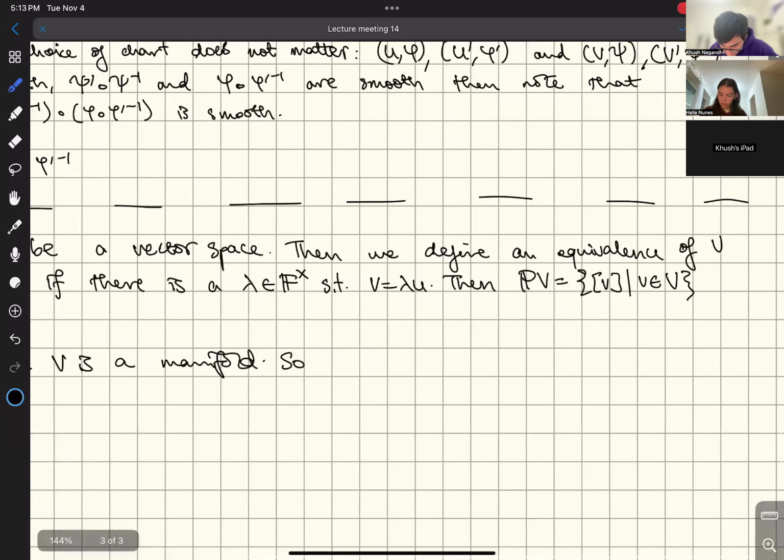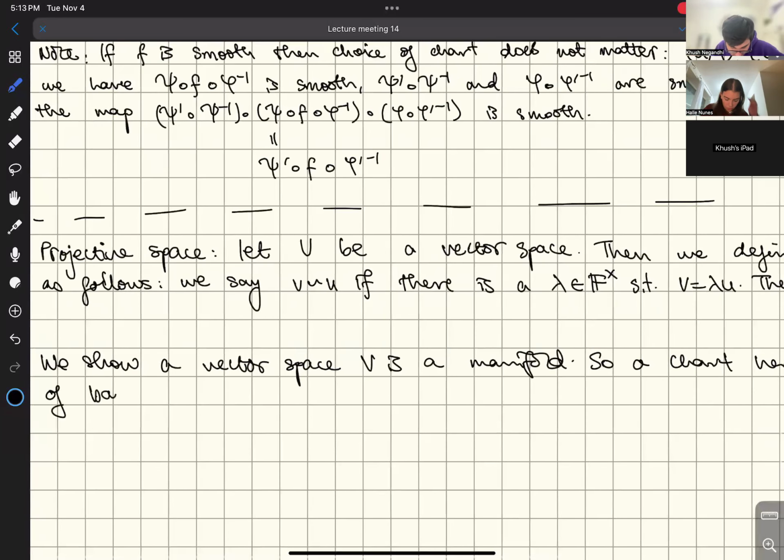So a chart here will be a choice of basis. Now, why is this a chart? Why is this a homeomorphism?